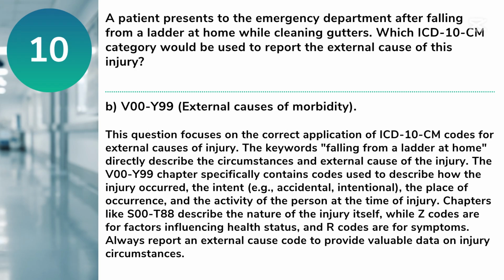The V00-Y99 chapter specifically contains codes used to describe how the injury occurred, the intent, example accidental, intentional, the place of occurrence, and the activity of the person at the time of injury. Chapters like S00-T88 describe the nature of the injury itself, while Z codes are for factors influencing health status, and R codes are for symptoms. Always report an external cause code to provide valuable data on injury circumstances.